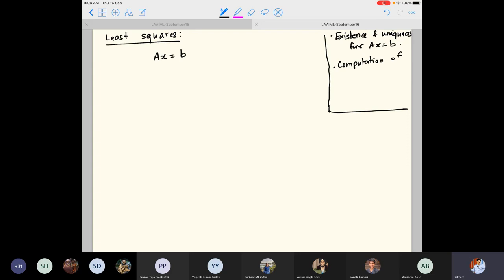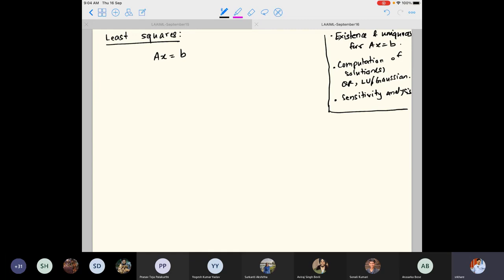Computation of solution or solutions using QR, then LU, which is the same as Gaussian elimination. So these are the things that we have seen. And then we have touched upon one of the most important topics, sensitivity analysis. So these are the things that we have done, and we want to continue this discussion further.